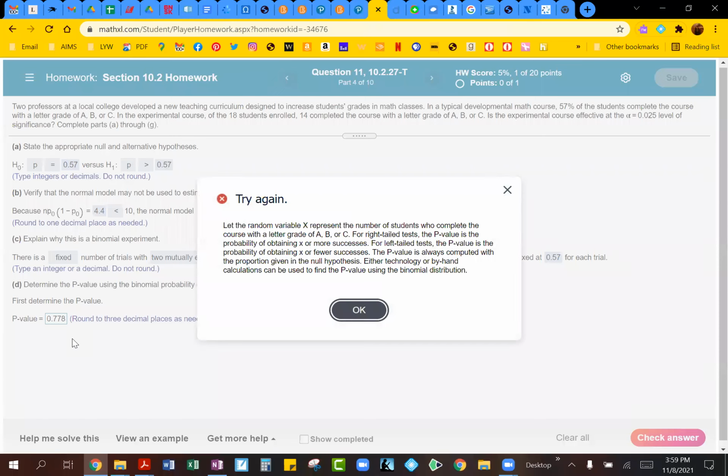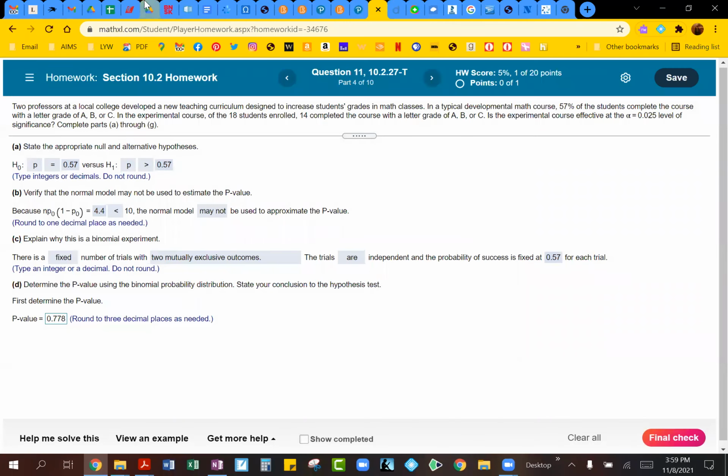They're telling us that for the right-tailed test, the p-value is the probability of obtaining X or more successes. So what am I doing wrong over here? Because we've got 14 that have completed the course with the 18 enrolled.